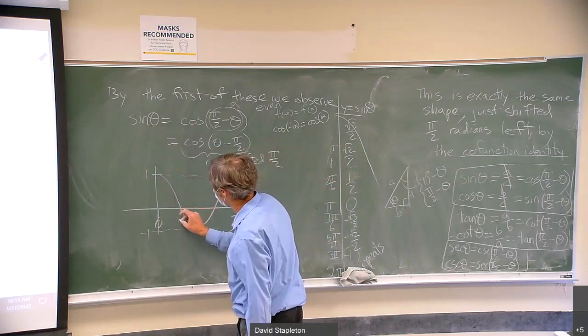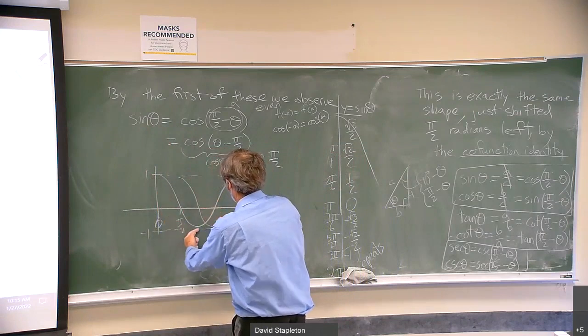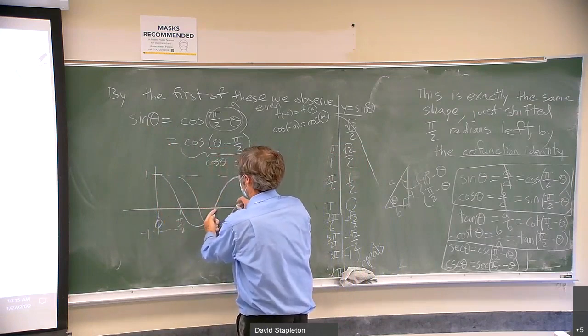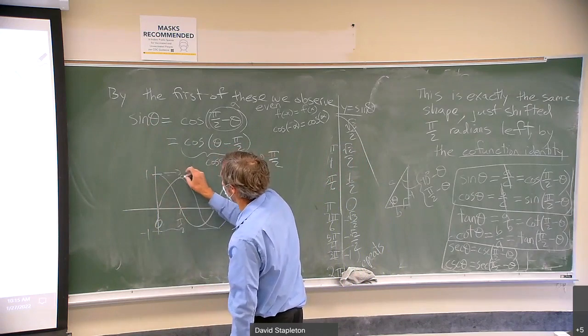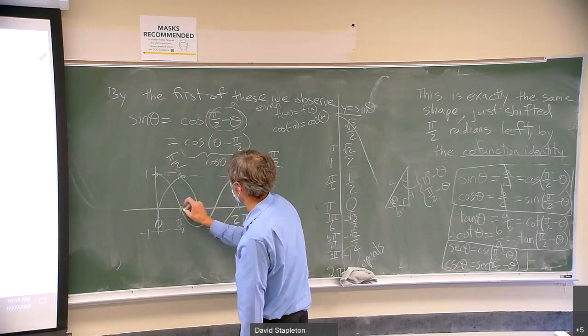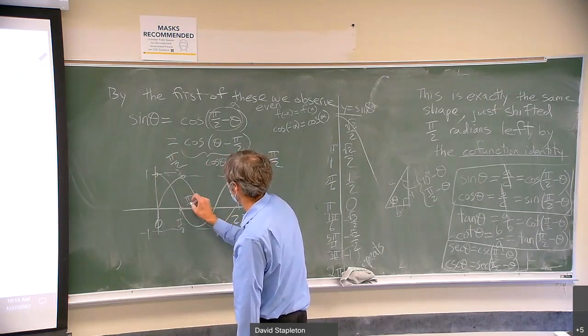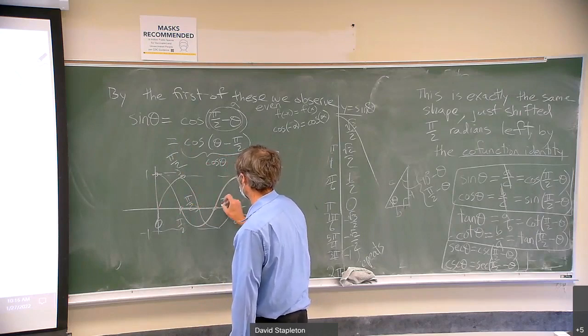So this was pi over 2. I just start the sine here and do the same thing. And then this one comes down here. So you just shift every point by pi over 2 units, right? This one gets shifted over pi over 2 units, and this one gets shifted over pi over 2 units.